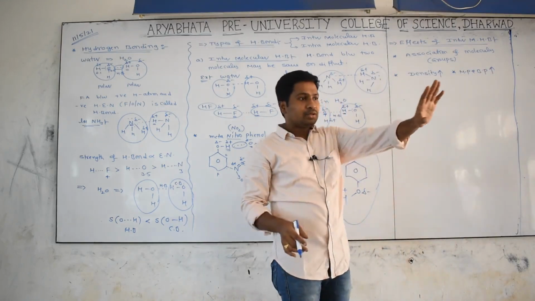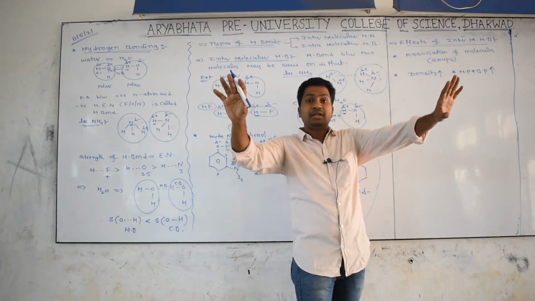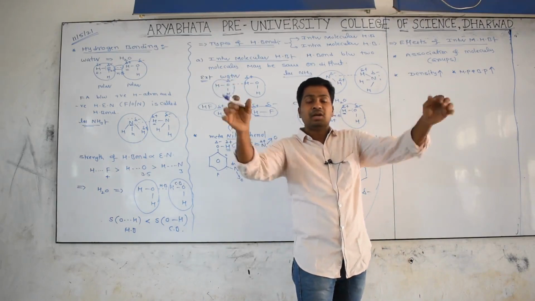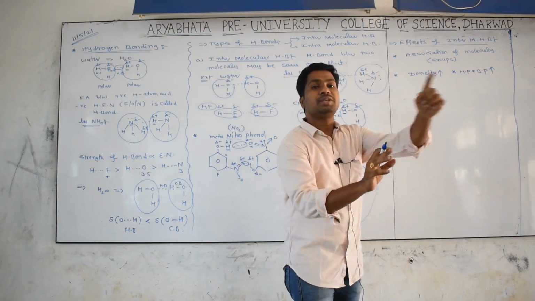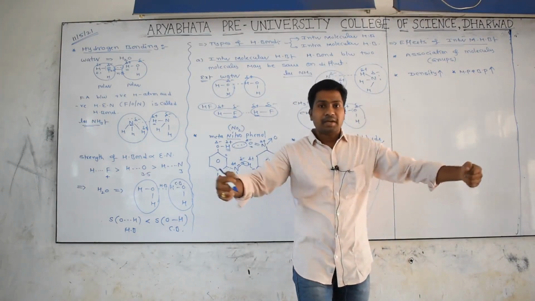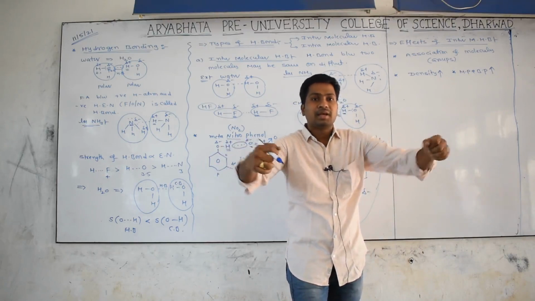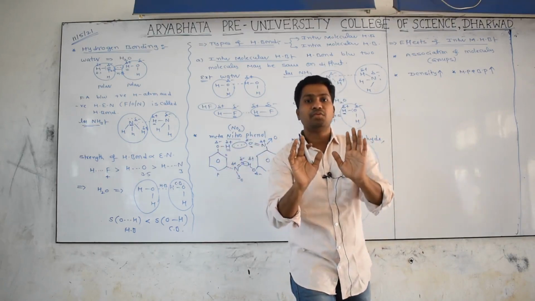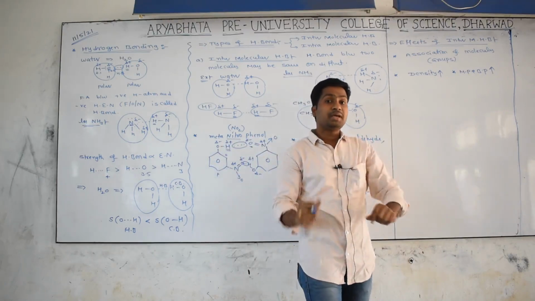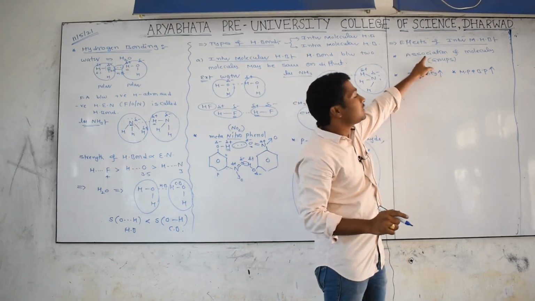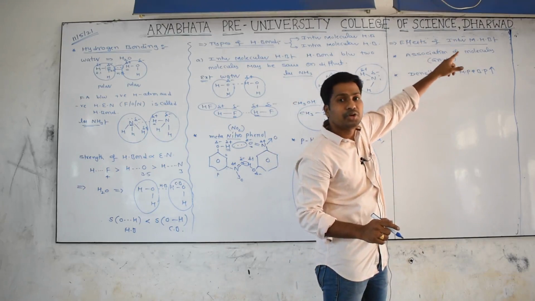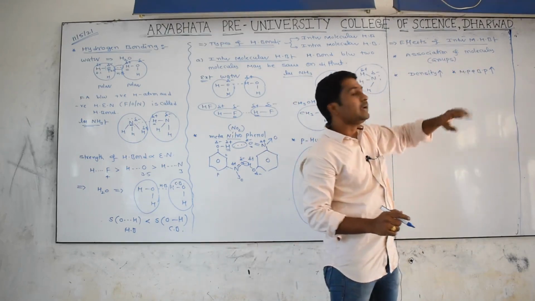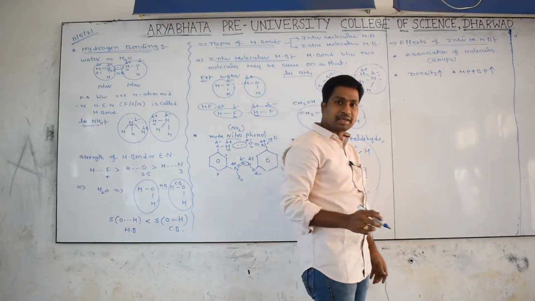If there is one single student and 10 students sit together, by applying very little force we can easily push the single person. But if 10 people are holding on like this and you want to disturb them, the required energy will be high. The same situation happens here: because of intermolecular hydrogen bonding, a group of molecules forms automatically, and the melting and boiling points keep increasing.